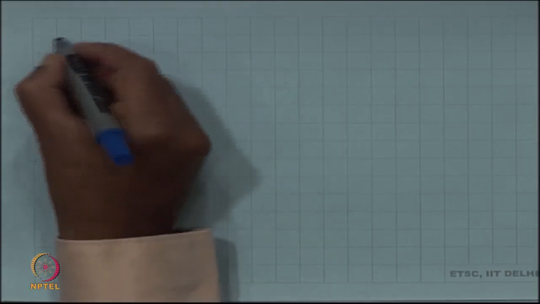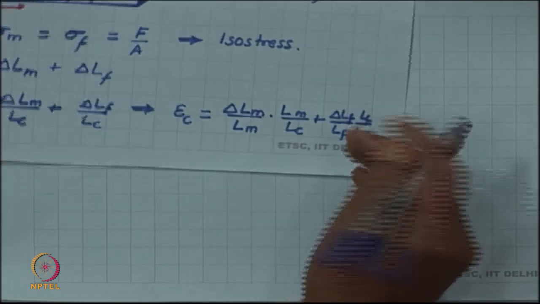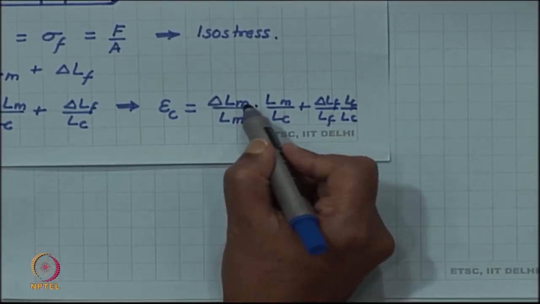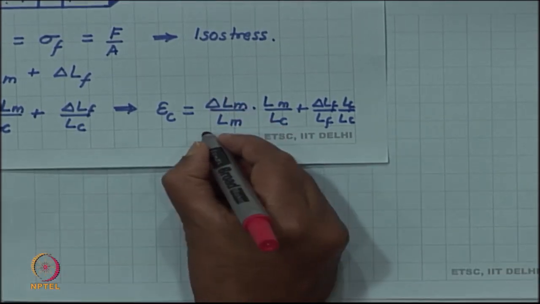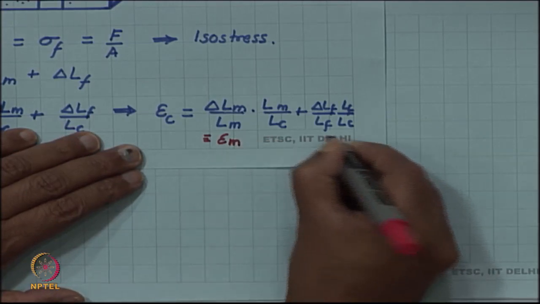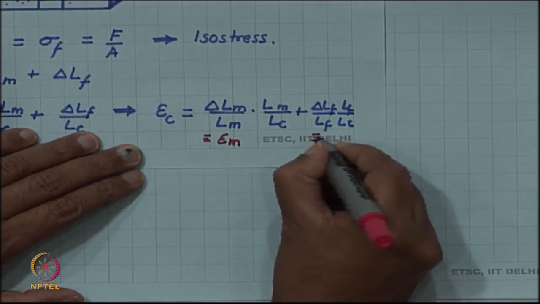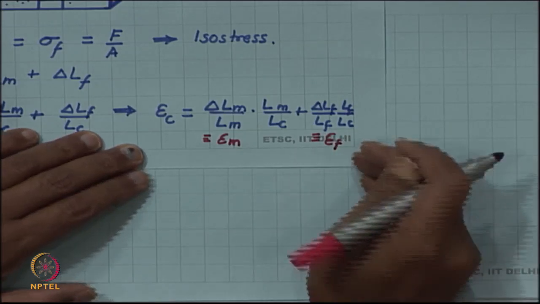So, we continue with this. We get strain in the composite. Now, you can see delta Lm by Lm is the strain in the matrix, and this term is strain in the reinforcement.